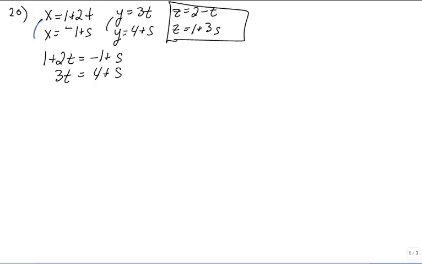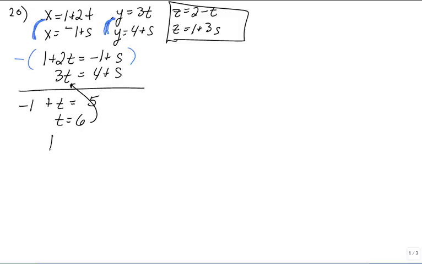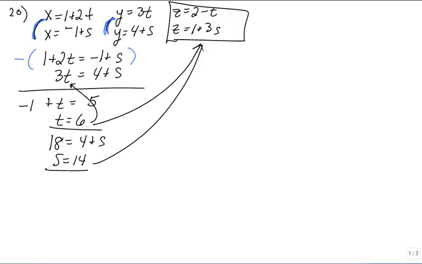Now I'm going to multiply this equation by a negative so the s's drop out. So I have minus 1, then I'm going to add them, plus t equals 5. And that's going to make the s drop out. So t is going to be 6. And if t is 6, I plug it back in here. I get 18 equals 4 plus s. S is 14. So let's take these two, plug them in here.